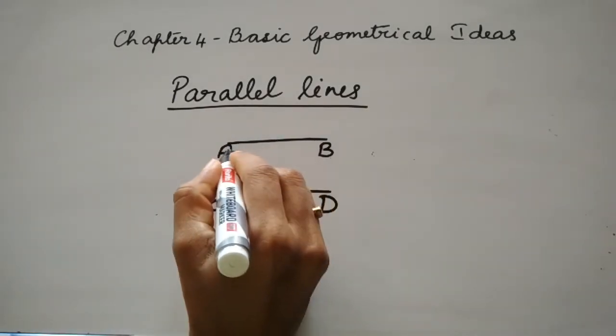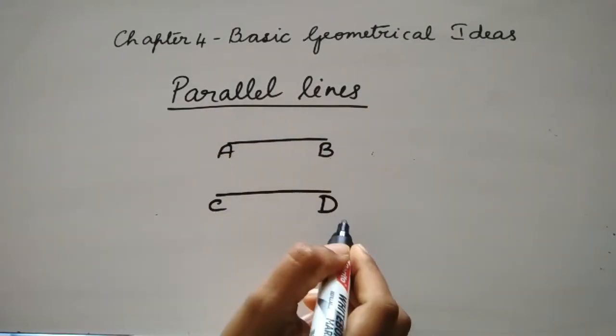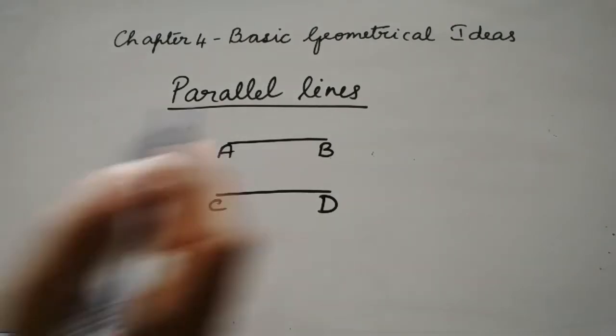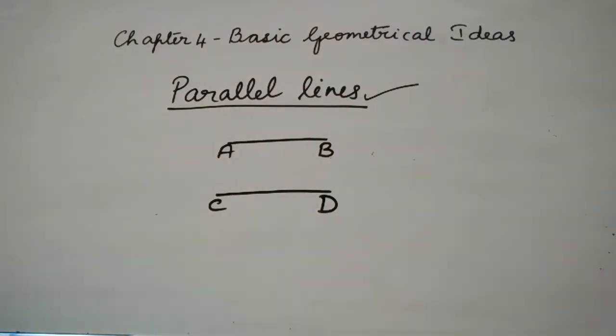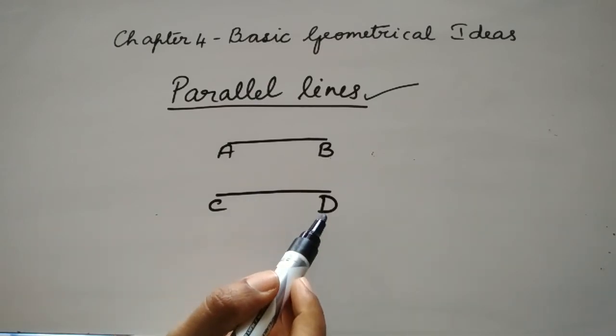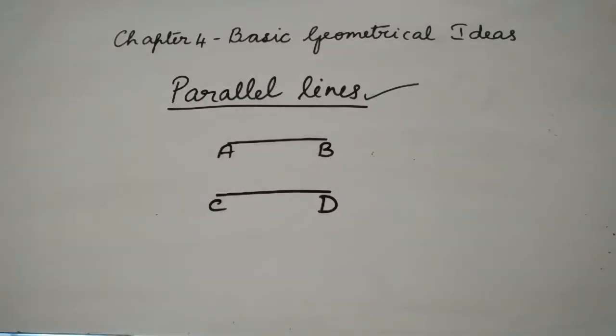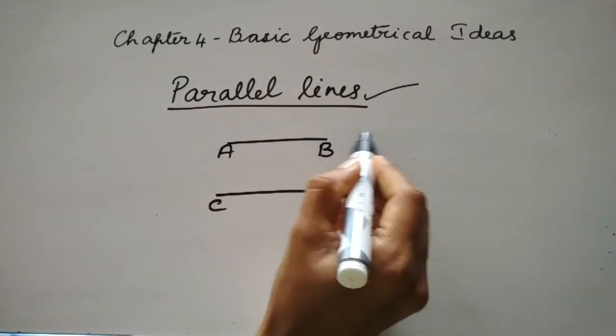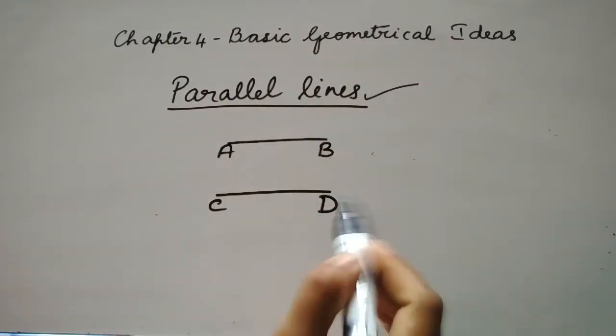But these lines, AB and CD, do not meet, so they are said to be parallel. The lines which do not meet are said to be parallel and are called parallel lines. So this pair of line segments, AB and CD, will not meet, however far they are extended. If I extend from both the ends, they will not meet.